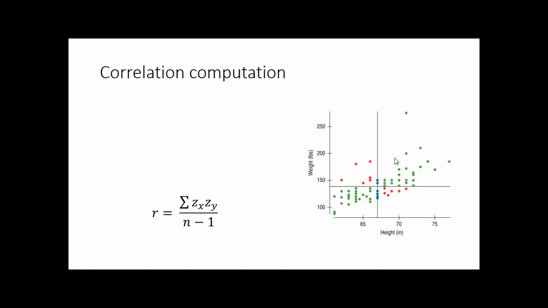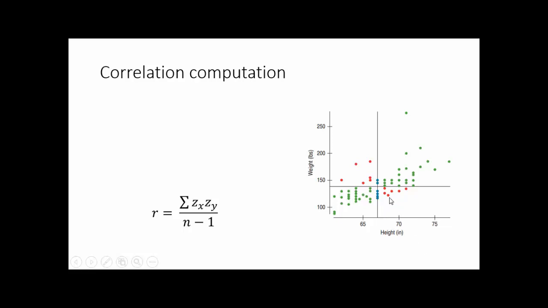The answer is the first thing we do is look at the z-scores. Now we have not covered z-scores in the class yet, but the idea is simple enough: a z-score will be a positive number for a particular point if it is above average in a particular attribute.